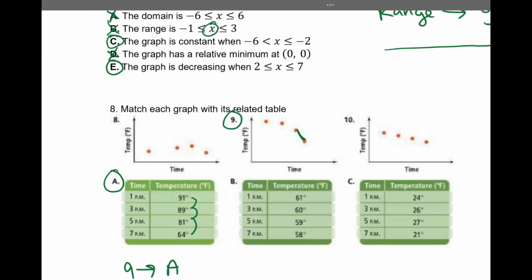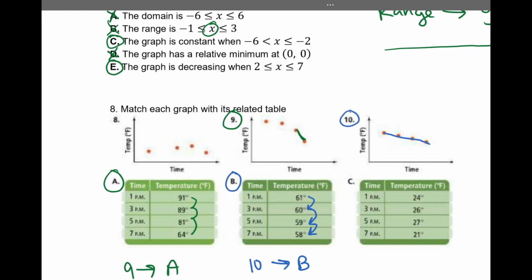Now let's look at B. B goes from 61 to 60, 60 to 59, and 59 to 58. All of those numbers are pretty close. So which one of these ones are pretty close? Well, probably this one, D. 10. So 10 is B.